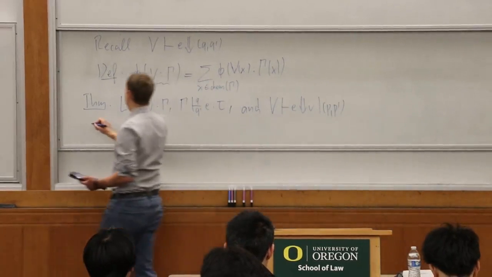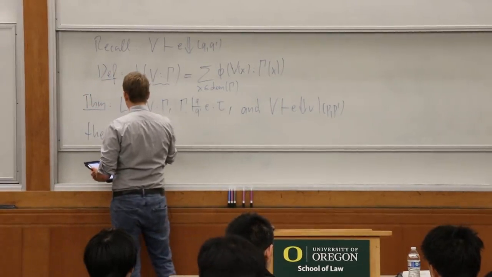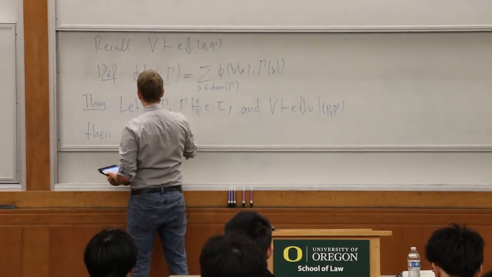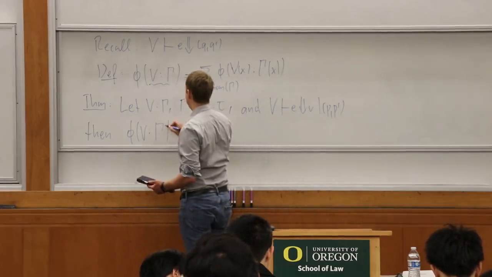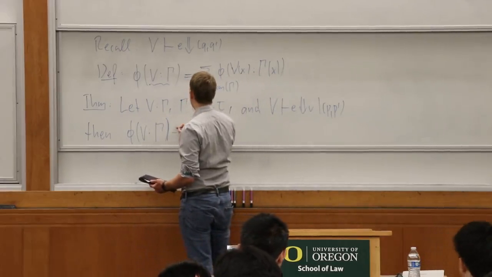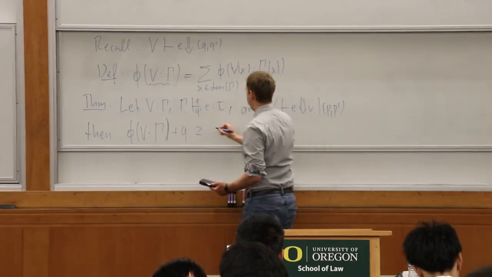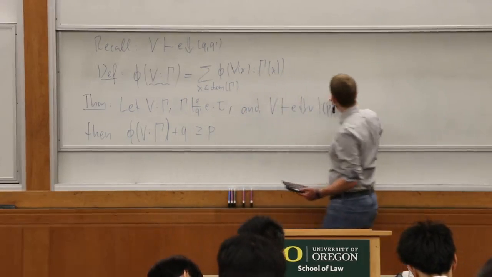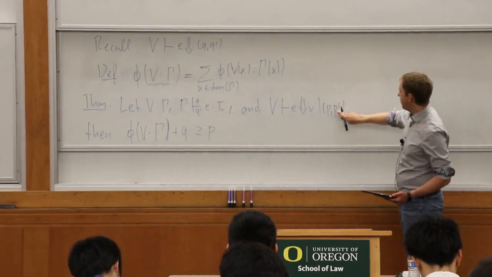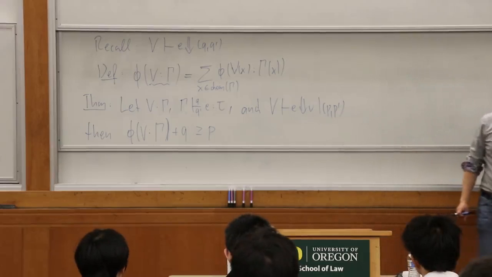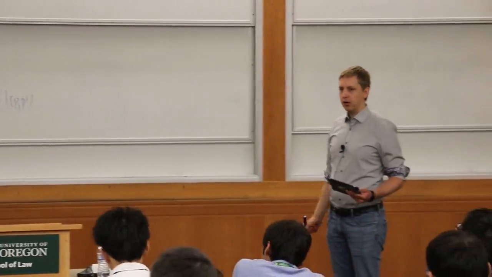So then what holds? The initial potential we had in our evaluation environment plus Q is an upper bound on the high water mark P. Remember, this was the high water mark, and P and P prime are the resources that are available. So the initial potential is an upper bound on the high water mark.